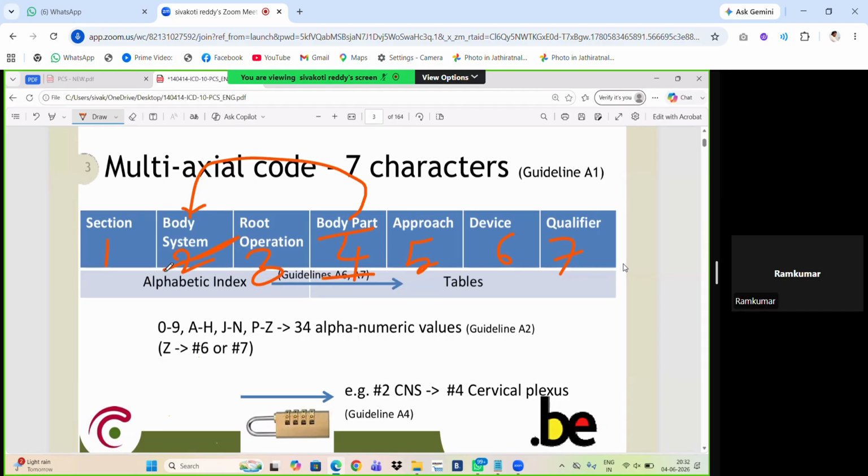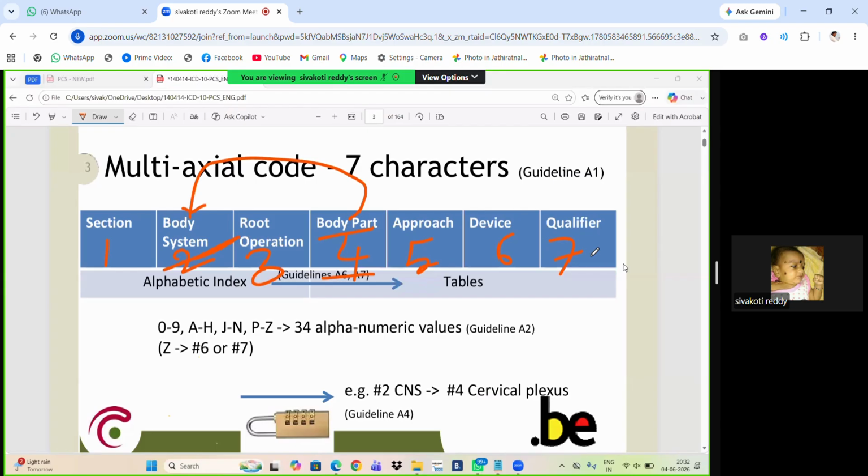If I don't know the anatomy, I can't find which body system the body part comes under, and I can't do anything. At least we need to get an idea. Brain comes under which body system? These are all common body systems. So in the second character, based on the body part, you need to find which body system it comes under.